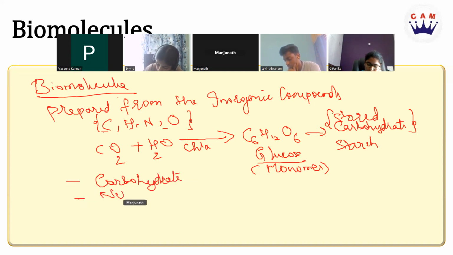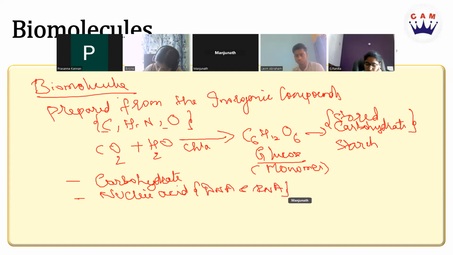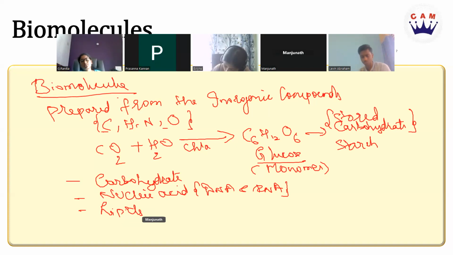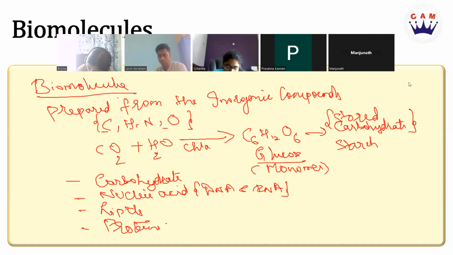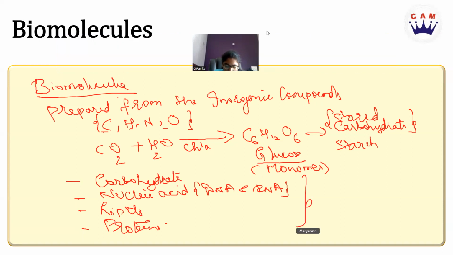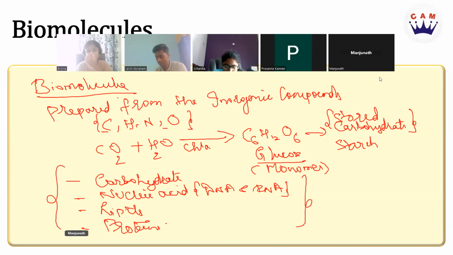The other is the nucleic acid. So the nucleic acid includes the DNA as well as RNA, and lipids, that includes fats and oils, and proteins. In this chapter, we basically discuss these four important biomolecules present in a biological organism, either a producer or a consumer.